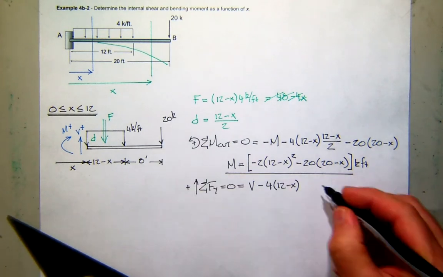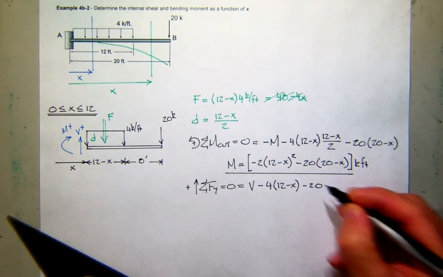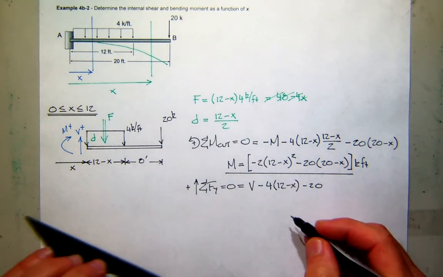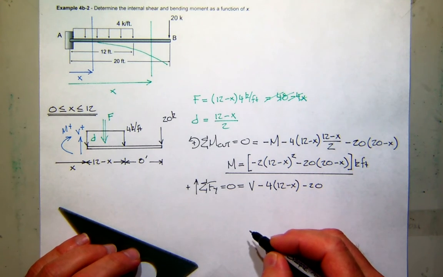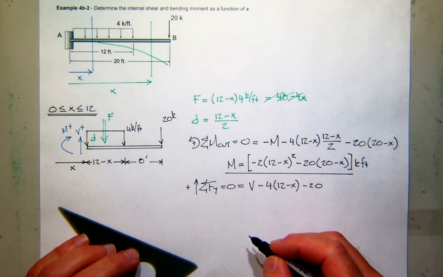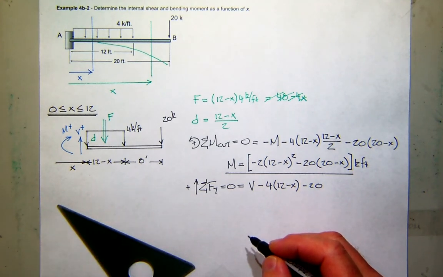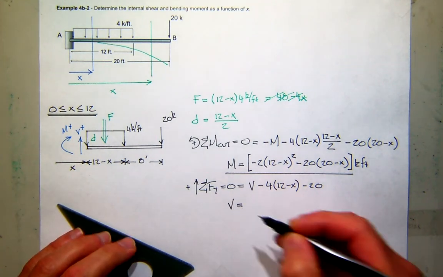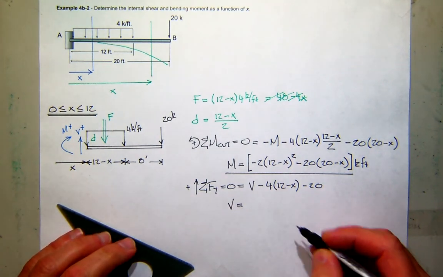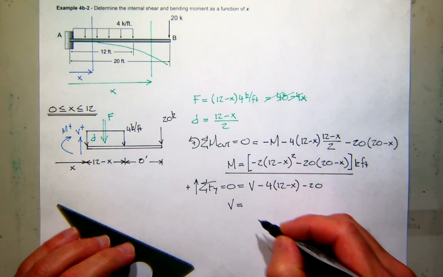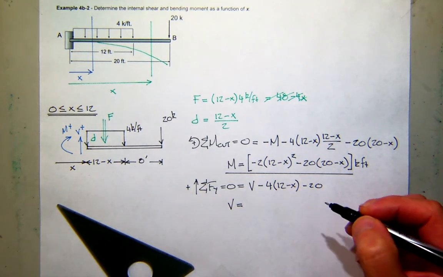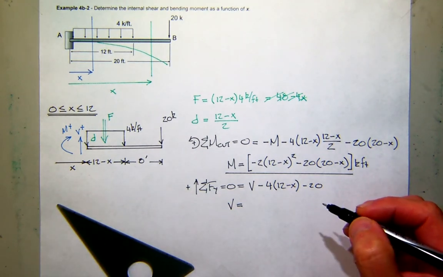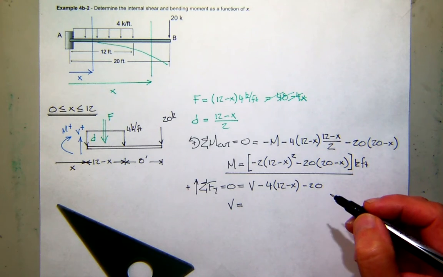And then I have 20 also acting down. So it's pretty easy to solve for the shear. So my shear is going to be equal to what? It looks like something's not right. What did I do wrong?